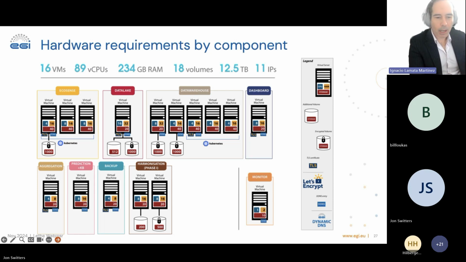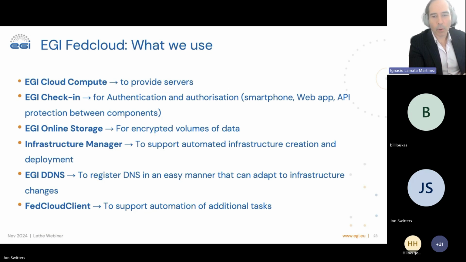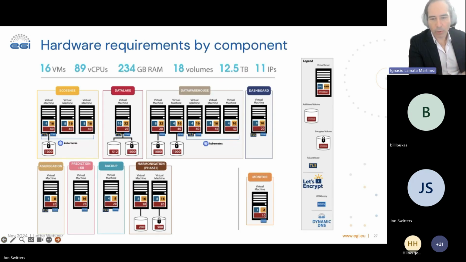And we also have a backup system that is also in charge of collecting data to have a double, let's say, backup of the data that we use. You can see there the requirements that we use. So we have 16 virtual machines, 89 CPUs, 234 gigabytes of RAM, 18 volumes, more than 12 terabytes, and so on and so forth. So next slide, please.